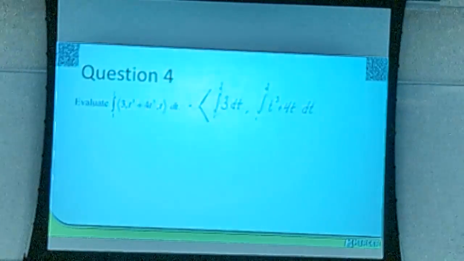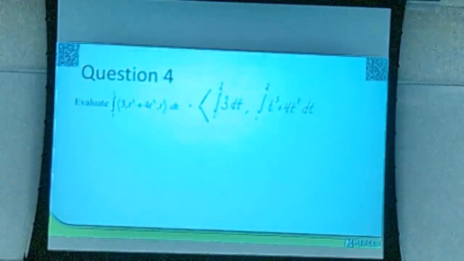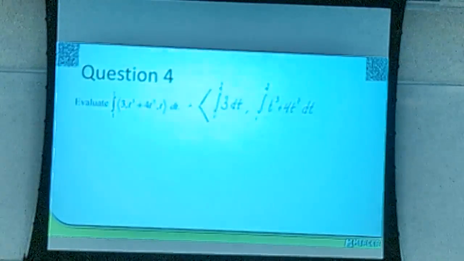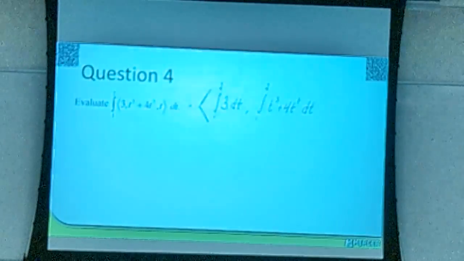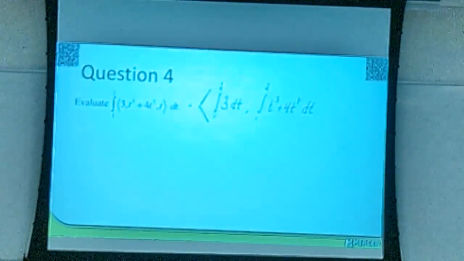I'm not sure if I mentioned it in this class or diffie-q, but I typically don't put parentheses on my integrals, even though that's mathematically incorrect. Yeah, because I'm lazy.